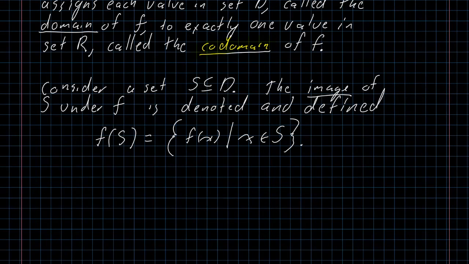So the image of the set S under the function f is denoted and defined f of S, and it's the set of all values f of x so that x is in S.